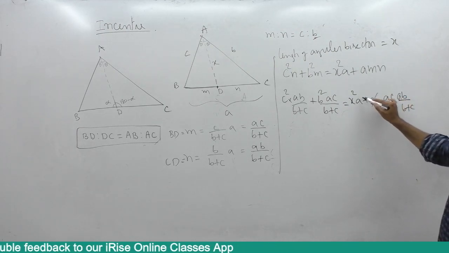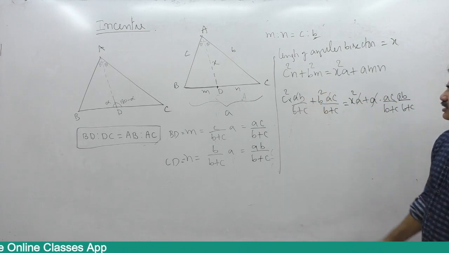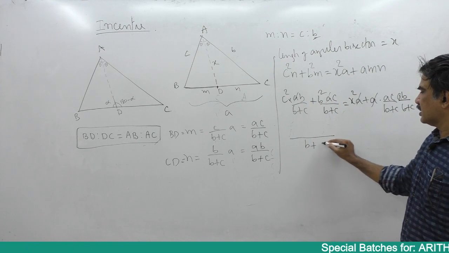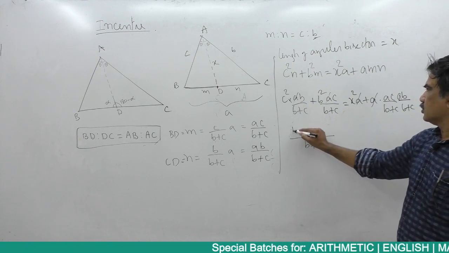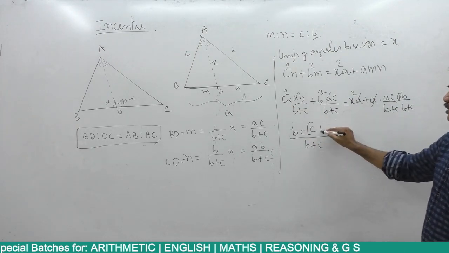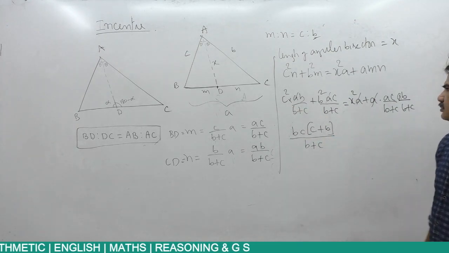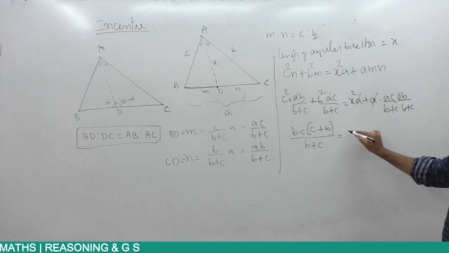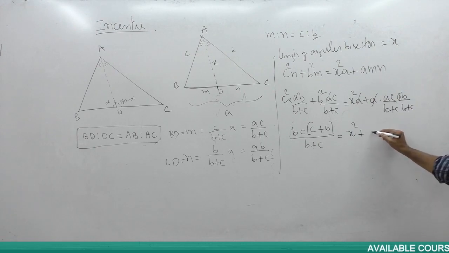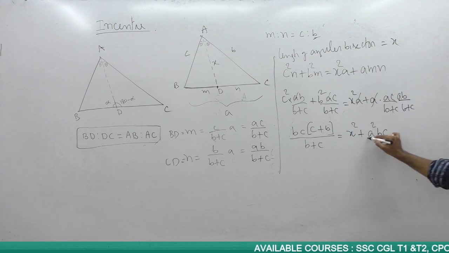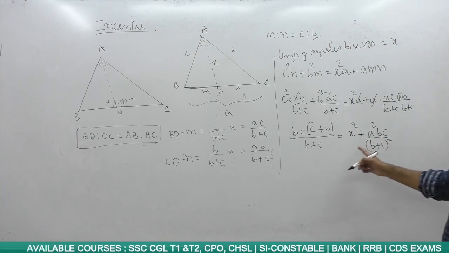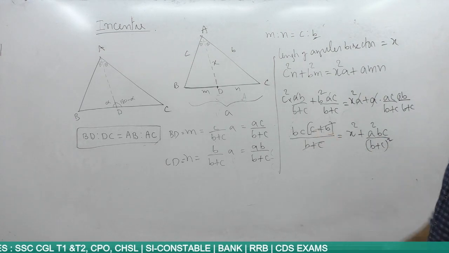In all this, a cancels. I want to take b plus c as LCM, bc common. If you take bc common, this is nothing but c plus b is equal to X square by X square plus a square bc by b plus c whole square. Here b plus c gets cancelled.